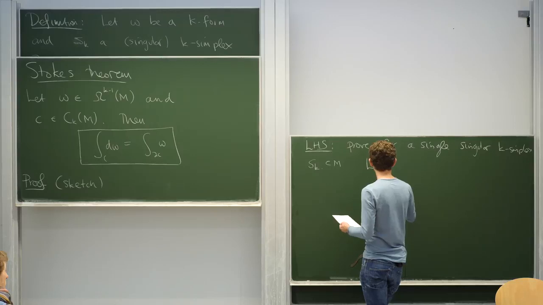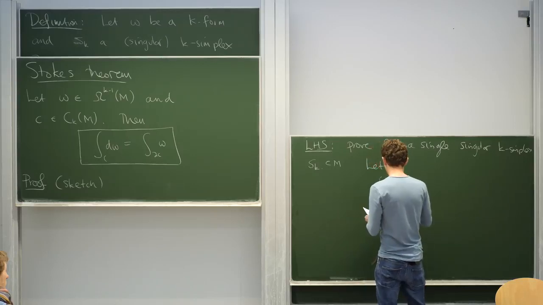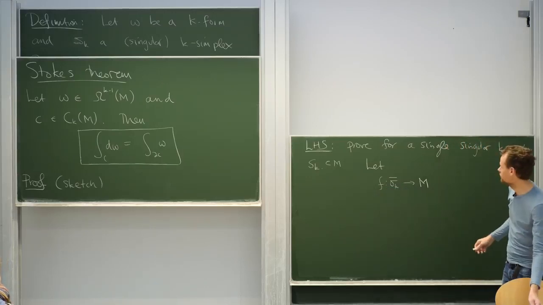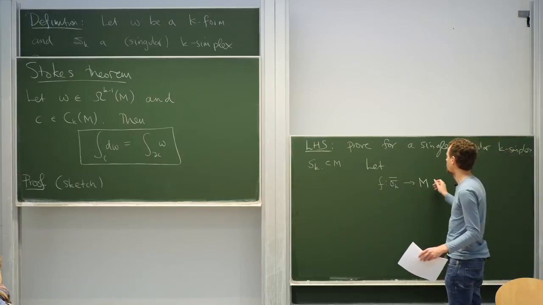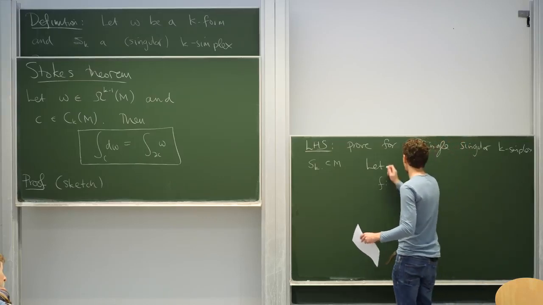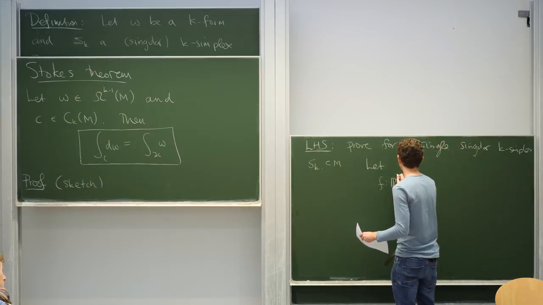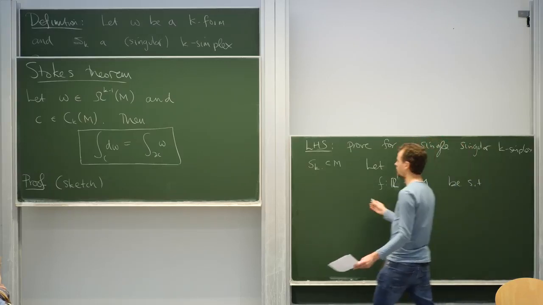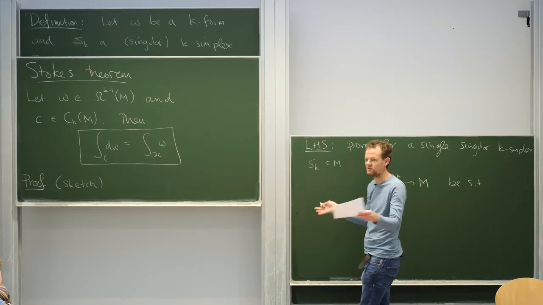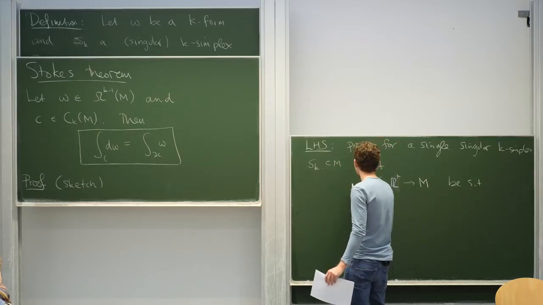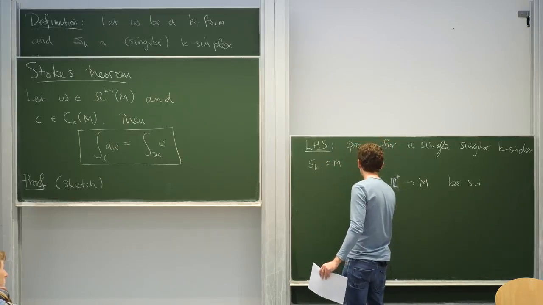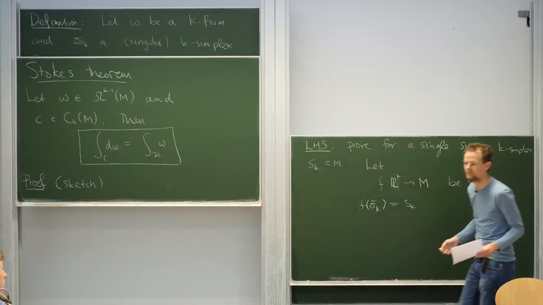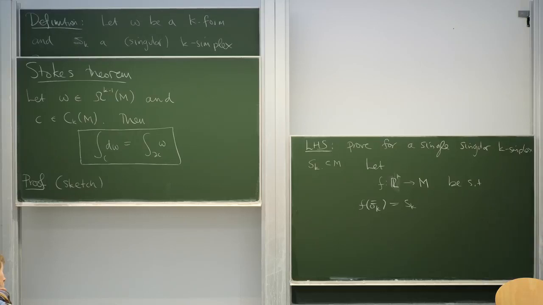And in particular, by judicious choice of f, you can always choose, by translations, rotations, dilations, and so on, that this singular k-simplex is the image of the standard k-simplex under some map f. There's enough freedom there to do that.